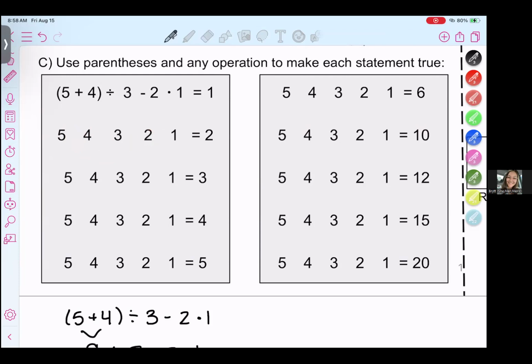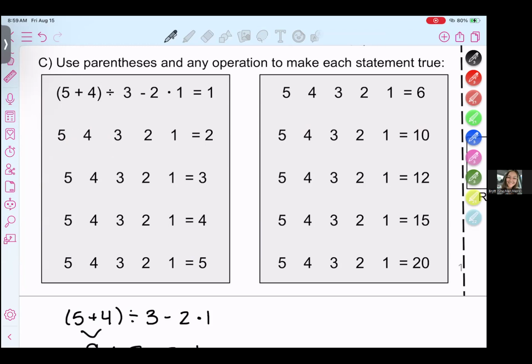If we don't do 2 times 1, right, let's go back to making these a 2. How did we make these 3 numbers into a 2? We did 5 minus 4, which gave us 1. And then if we do, let's see, well, if we do 1 minus 3, that gives us a negative.